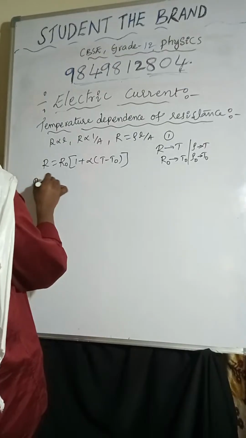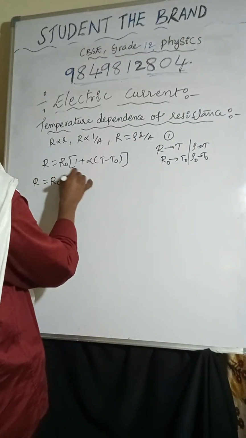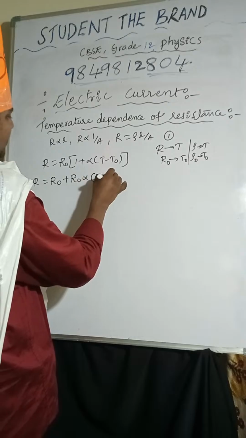So R equal to R naught plus R naught alpha into T minus T naught.